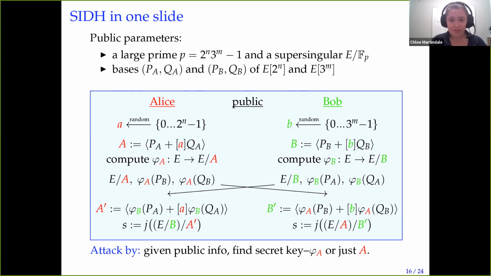And so when this was first published, people were like, this is really cool. But okay, I don't know about when it was first published, because I wasn't really thinking about these things then. But at least a few years later, people were like, this is really cool, and I don't have any ideas to attack it. But I think it might not be safe because of the public images of the points. There were a couple of ideas, but no ideas that were actually going to give a passive attack on the scheme.